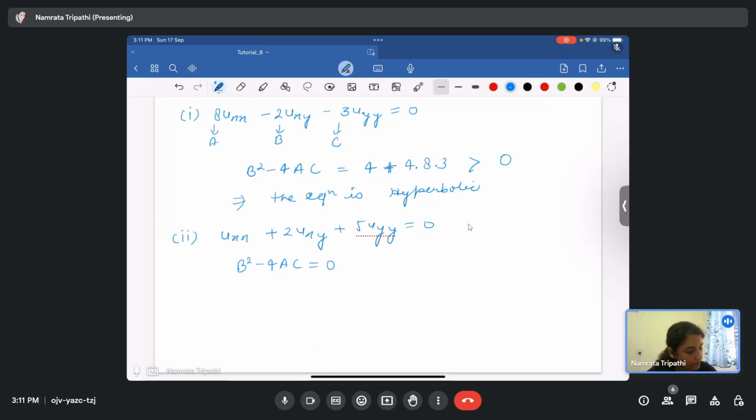You can just compare with the general form of the second order PDE, and you will get the values of A, B, C from there. This is less than 0, so elliptic.